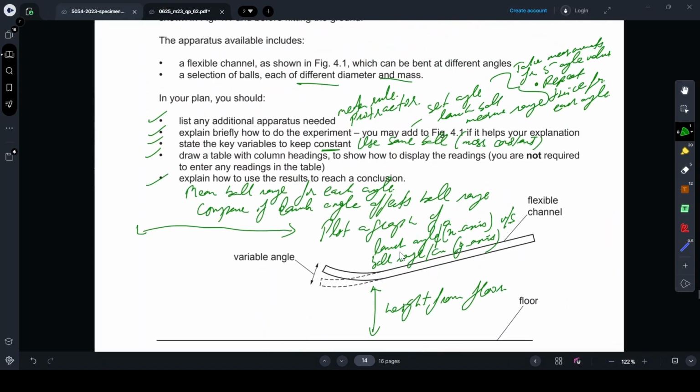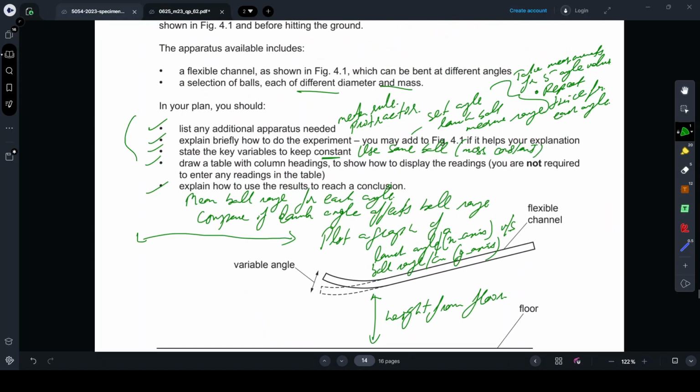So in principle, the best thing is that they're telling you what to do. Now, some things to always keep in mind: mention the apparatus, mention how to do the experiment, and they're not mentioning this, but always mention how many different settings you're going to use. Like we said, do 5. Whatever you're doing, do it 5 times, and for each setting, repeat it 3 times.